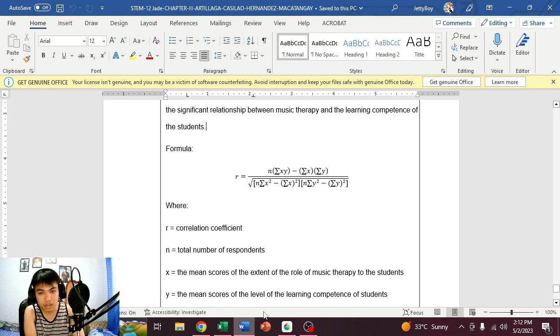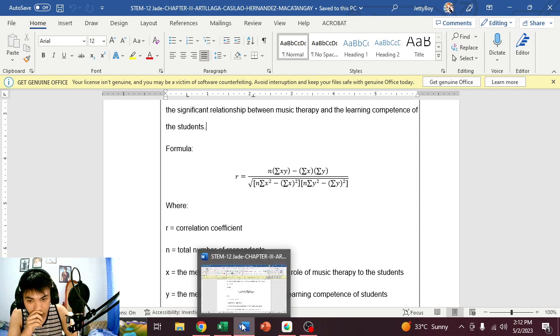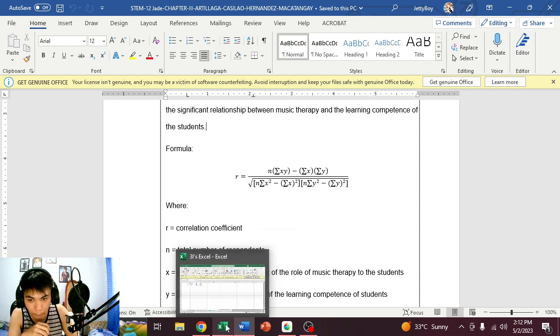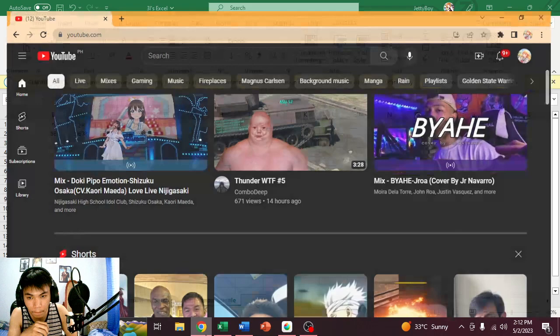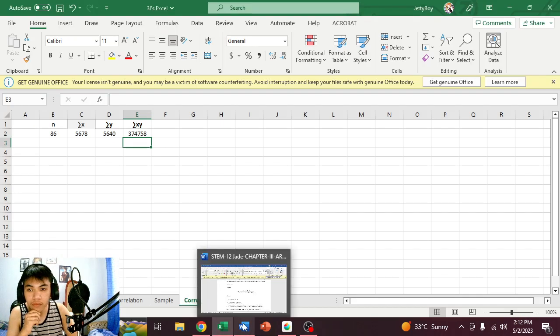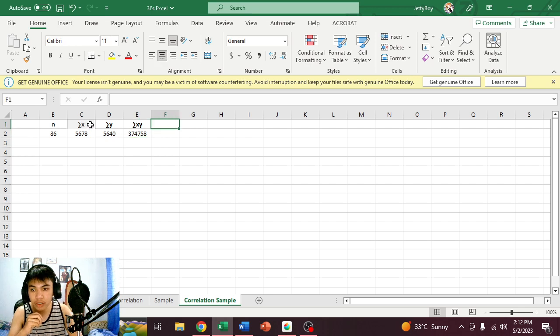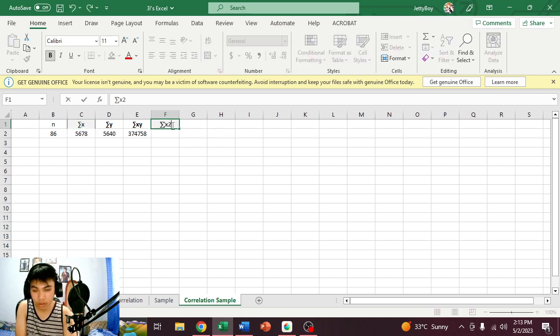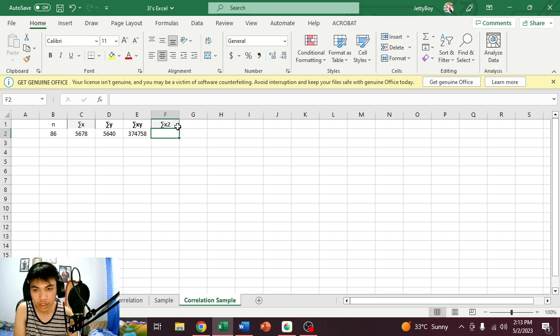Now next what we want to find is the summation of x squared. And like I said before, the summation of x squared, let's just copy this. Since we don't have superscript in Excel, let's just do that.